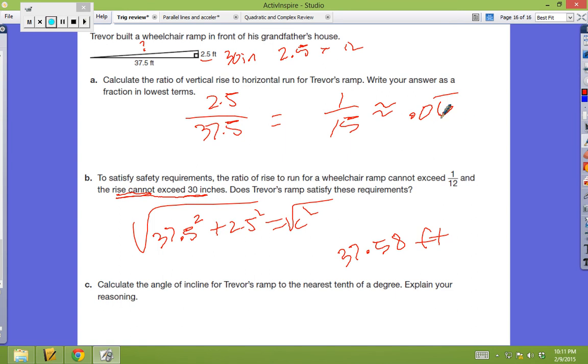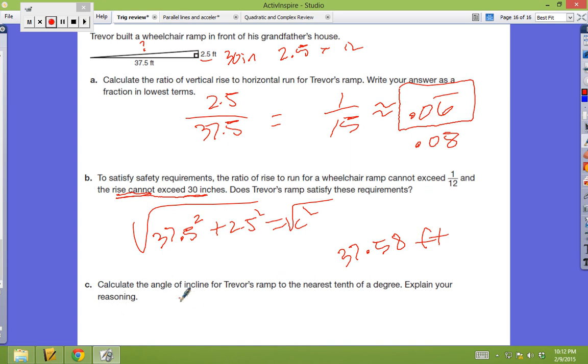And 1 divided by 12, if you change that to a decimal, that is 0.08. So it cannot be steeper than a ratio of 1 to 12, can't be bigger than 0.08, and our ratio is 1 to 15. 15 is bigger than 12, but you're dividing by it, so it's kind of opposite. So our number is smaller than 0.08, so we're safe, we're good in both areas. It's not greater than 30, and our ratio does not exceed 1 to 12.